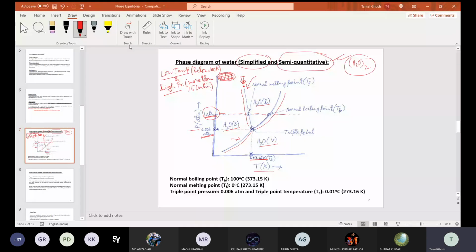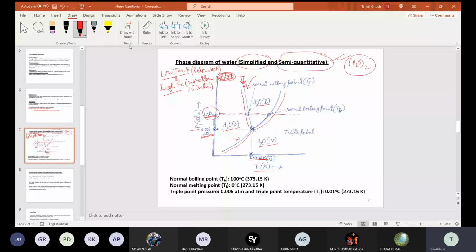say diamond and graphite. These two are two phases of carbon, and they basically represent two different phases of carbon, and both of them are solid. So that's why solid, liquid, vapor, they should be connected or related to the state of the matter.